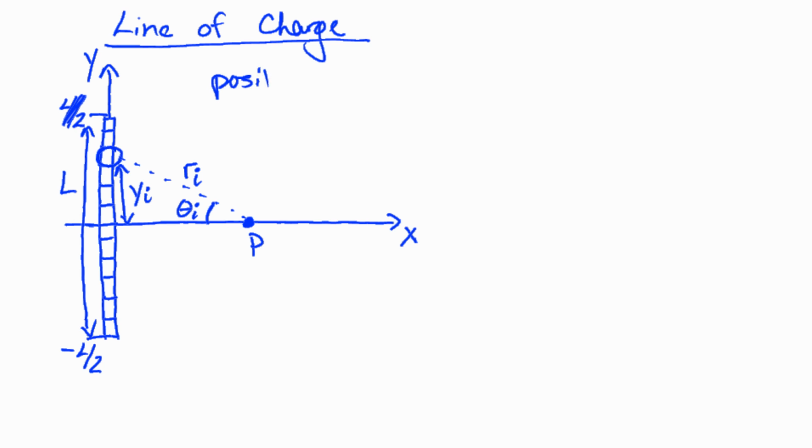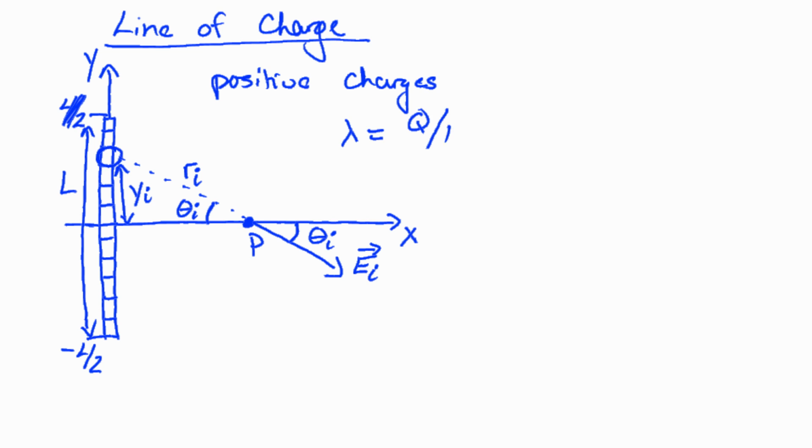The electric field at this point, if we're going to assume that this line of charge is all positive, will point in this direction. So this electric field vector is then going to be E sub i. And again, the angle is also theta sub i. Now this line of charge has a charge per unit length of lambda.